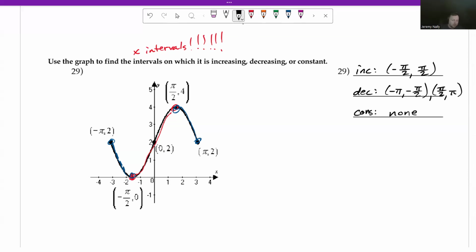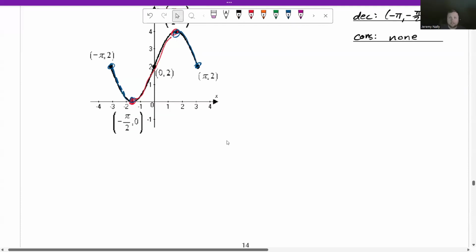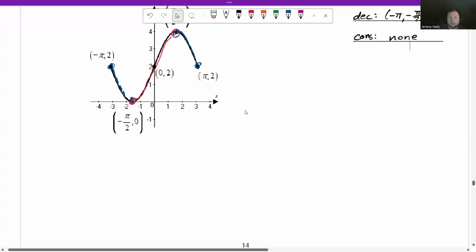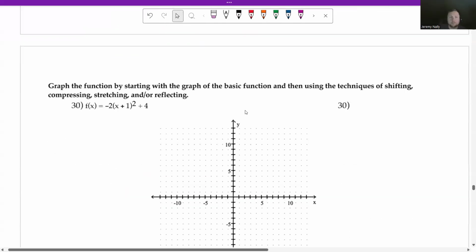So I will say that there are no intervals where it's constant, or just write none. So don't forget, increasing, decreasing, constant, you're using x intervals. So you're looking from x value to x value to tell the location on the function, or the span of locations on the function, where it's increasing, decreasing, or constant.